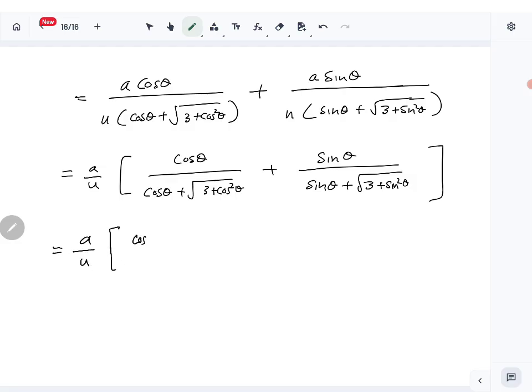So multiply both the numerator and the denominator by the conjugate, not the complex conjugate, just the conjugate.